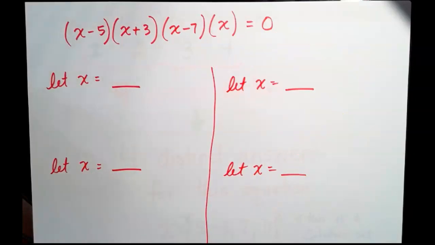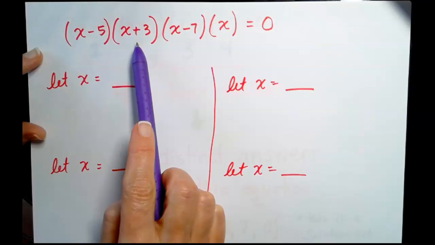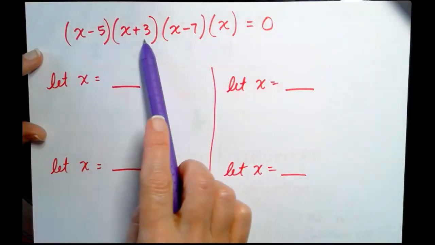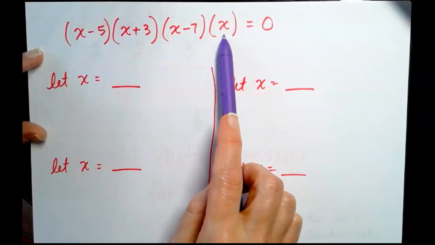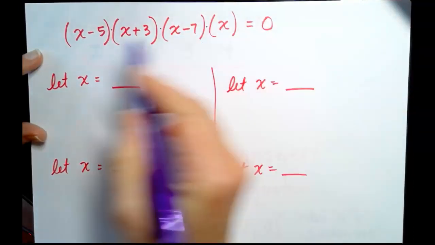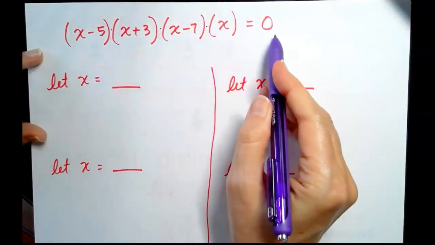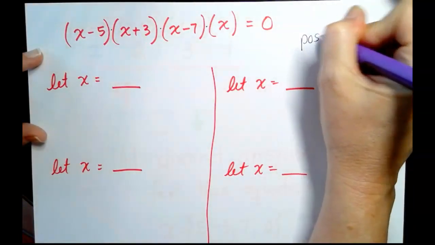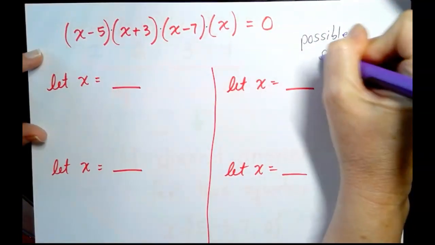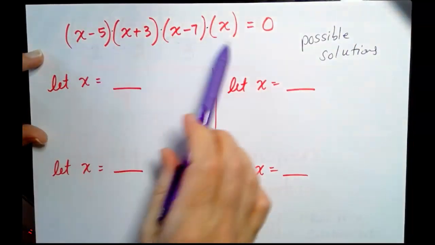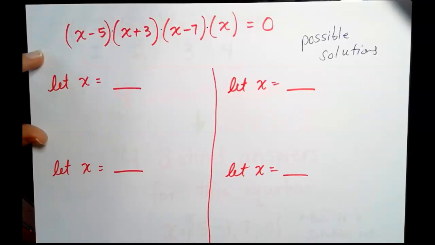So here's our same equation again. x minus 5, x plus 3, x minus 7, and x, all 1, 2, 3, 4 factors, all being multiplied together. We want that product to be equal to 0. Well, we're going to be looking for some possible solutions. And since there are 4 factors, there's going to be 4 answers.